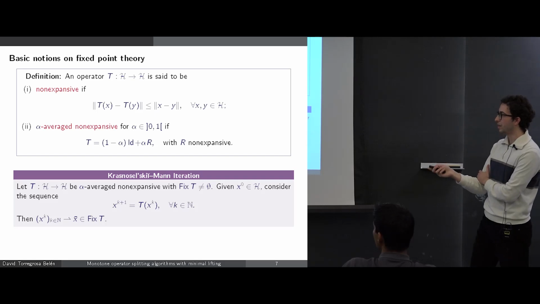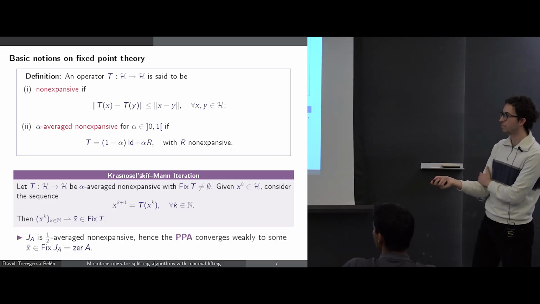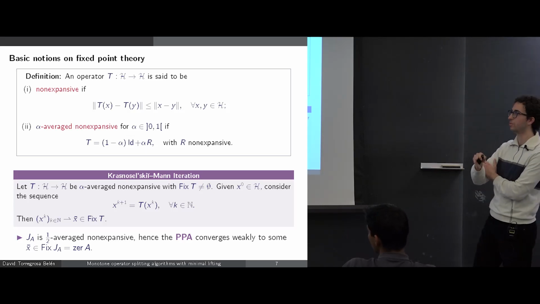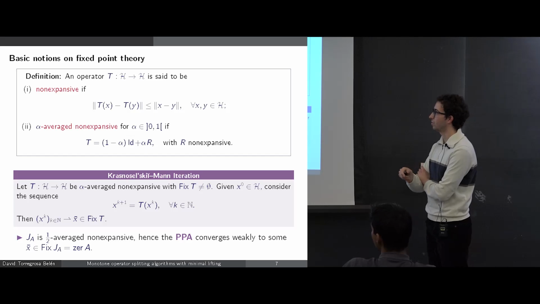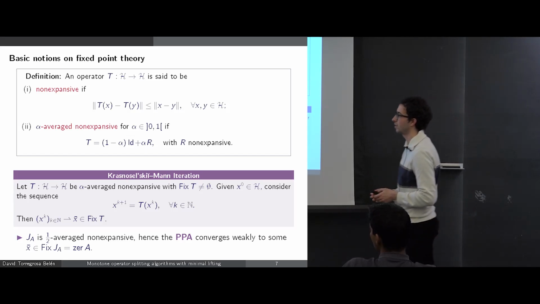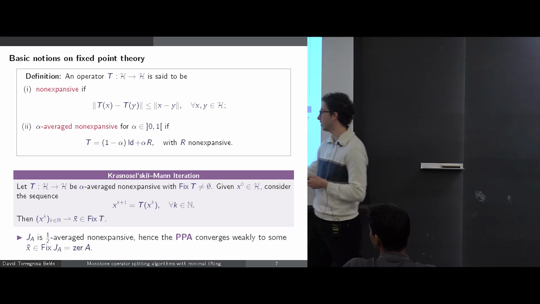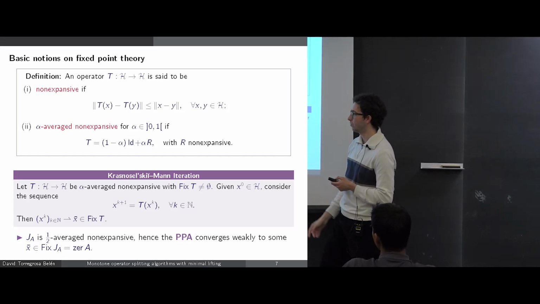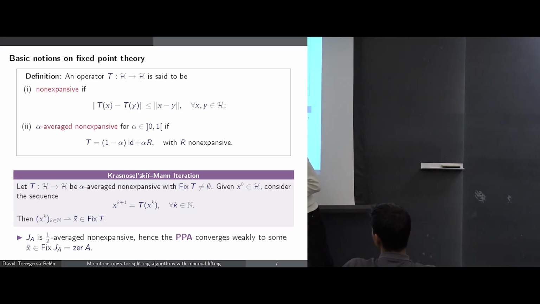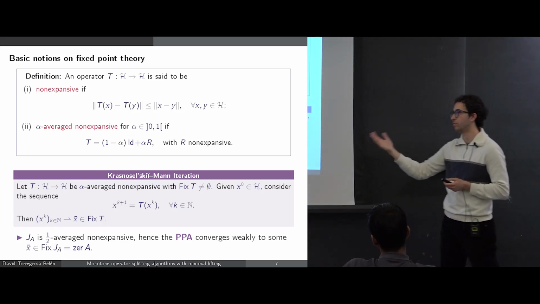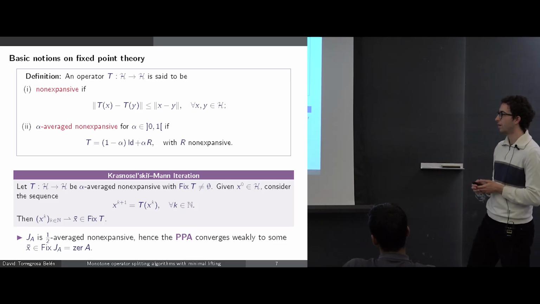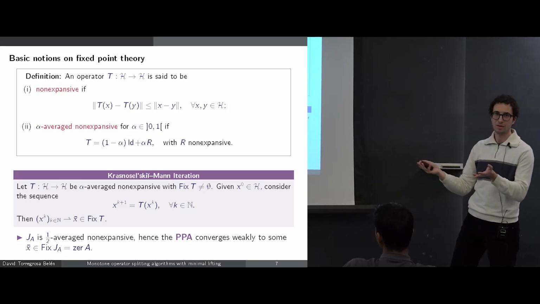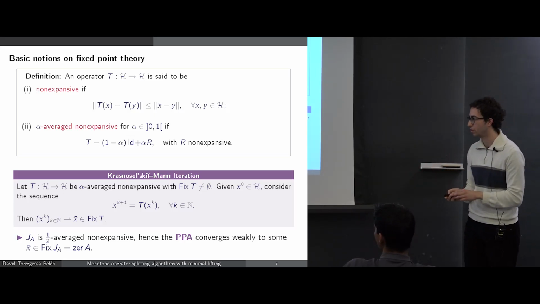It turns out that the resolvent of a maximally monotone operator is averaged non-expansive. So in order to get the previous result that I showed you, you can just replace T by the resolvent, and then the proximal point algorithm will converge weakly to some point in the set of fixed points of the resolvent, which, as I showed you two slides before, coincides with the set of zeros. So you are able to solve the monotone inclusion problem.